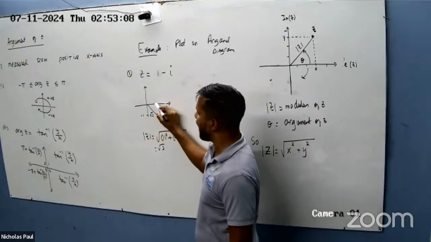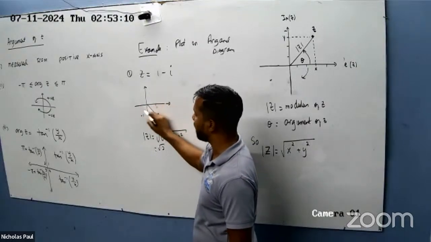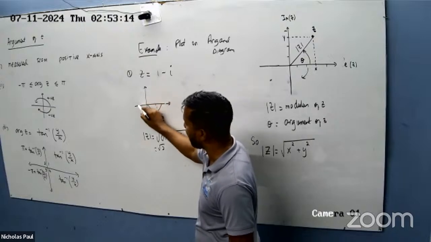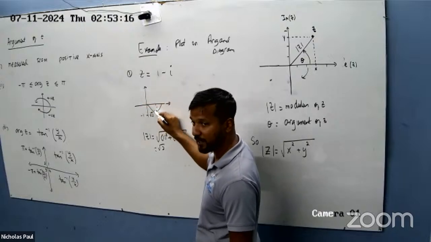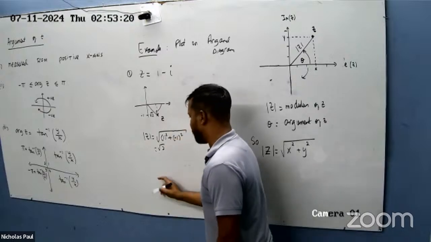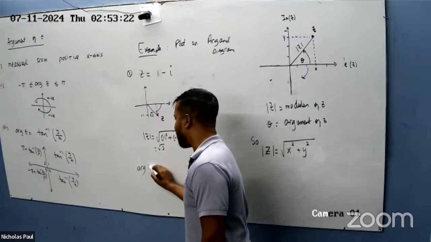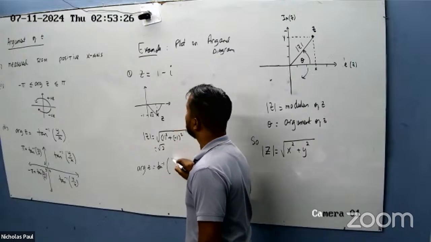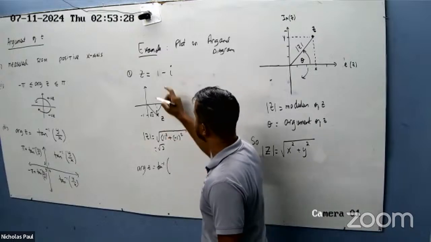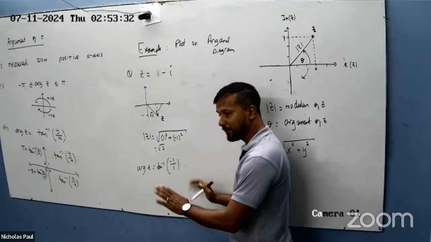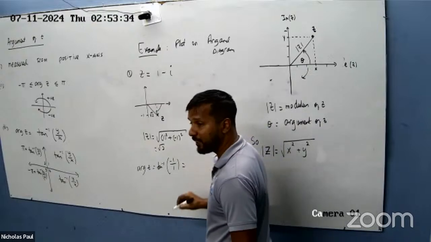So should I measure this anti-clockwise or clockwise? Clockwise, because anti-clockwise is more than pi. So I'm supposed to get a negative argument. Let's make sure: the argument of z is tan inverse of the y value, which is minus 1 over 1. Plug it in just like that in the calculator. Read the answer.